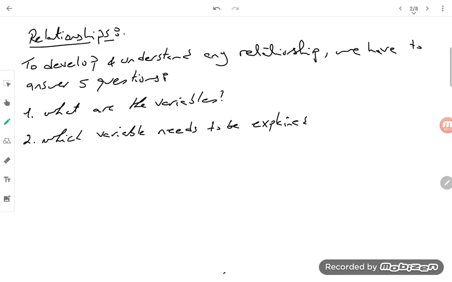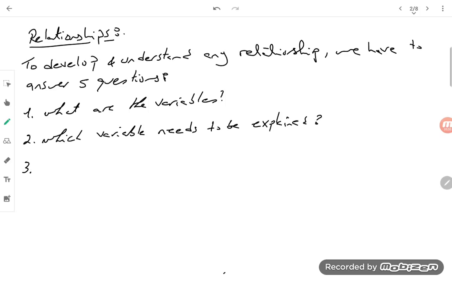Or in other words, what is the dependent variable, and what are the explanatory variables? So if you are going to study the relationship between consumption and income, which variable is the dependent and which is independent? In our example, consumption will be the dependent variable, or consumption is the variable which needs to be explained, and income is the explanatory or the independent variable.